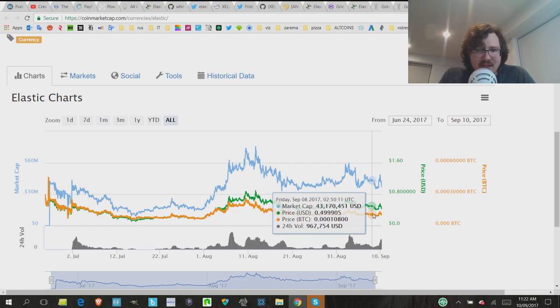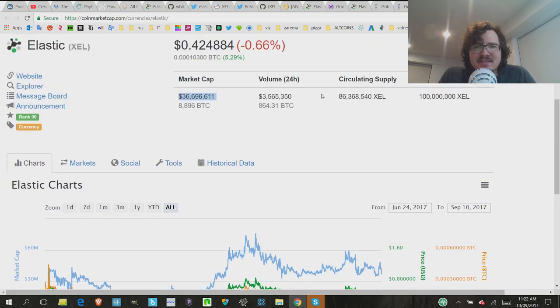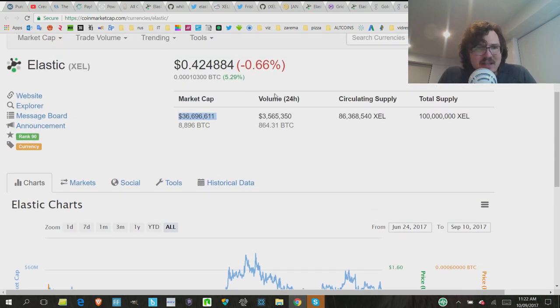The market cap and the dollar value have moved up and down a little bit depending on the price of Bitcoin, but it's stayed around the 10,000 Satoshi mark, especially over the past few months here. So, something to keep an eye on. They do have a lot of potential, Elastic. I would just like to see a little more professionalism from the dev team.